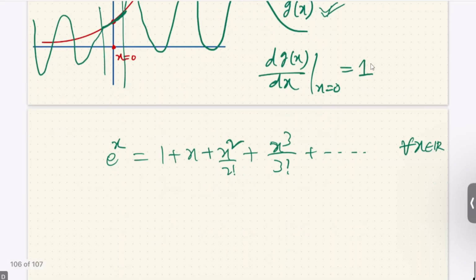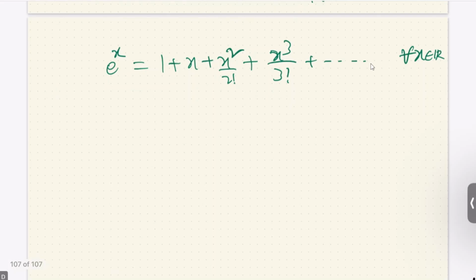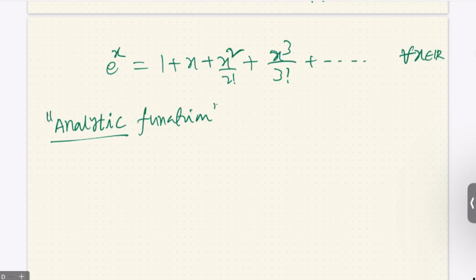Okay, this is where the term comes from. The term is called analytic. Have you heard this word, analytic? Analytic functions, the real analytic functions.